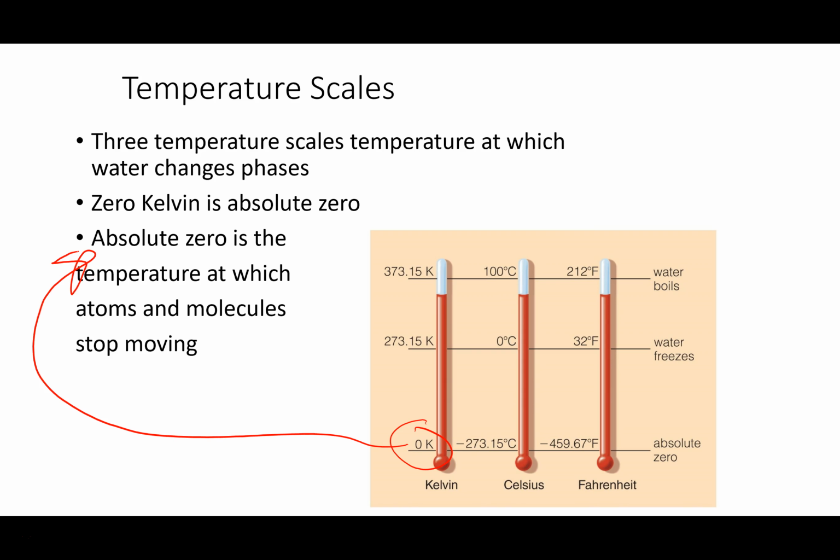We said that all matter has kinetic energy, all matter has motion. The solids have less motion, the liquids have more motion, and the gases have got it all. They have all this terrible, crazy motion. But even gas particles, if you lower their temperature, will go slower and slower and slower. So like the slide says, if you lower the temperature of a gas to 0K, its motion stops.